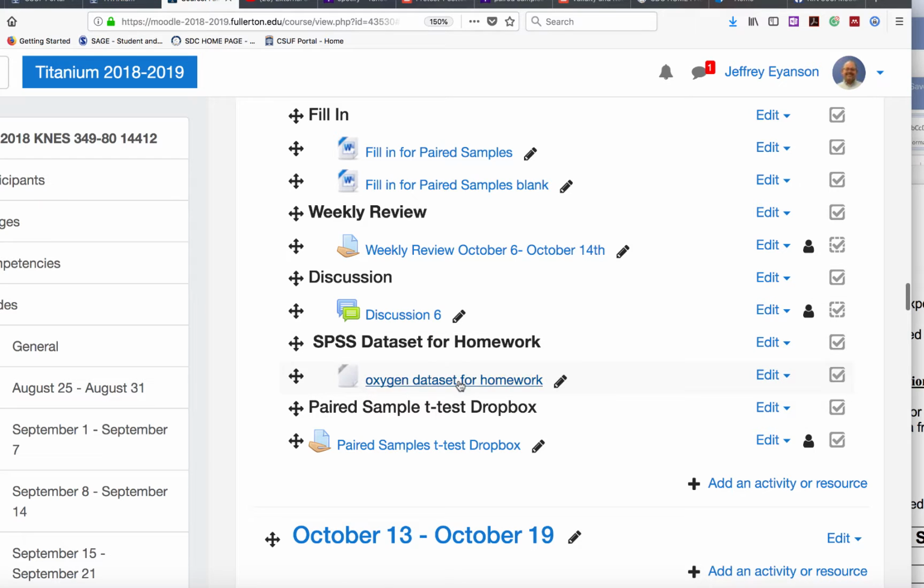Okay. You have your homework, which is the oxygen data set. It's maximal oxygen consumption in a pre-test, post-test. Basically, there's a 10-week intervention in there, so you'll see the words right in there.